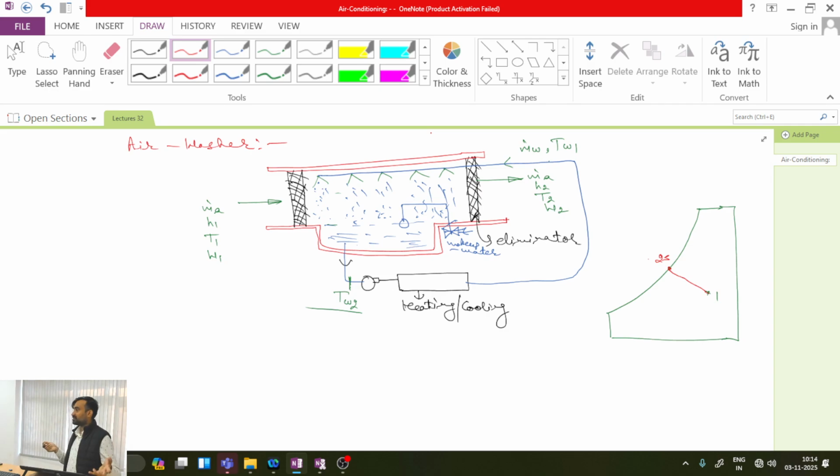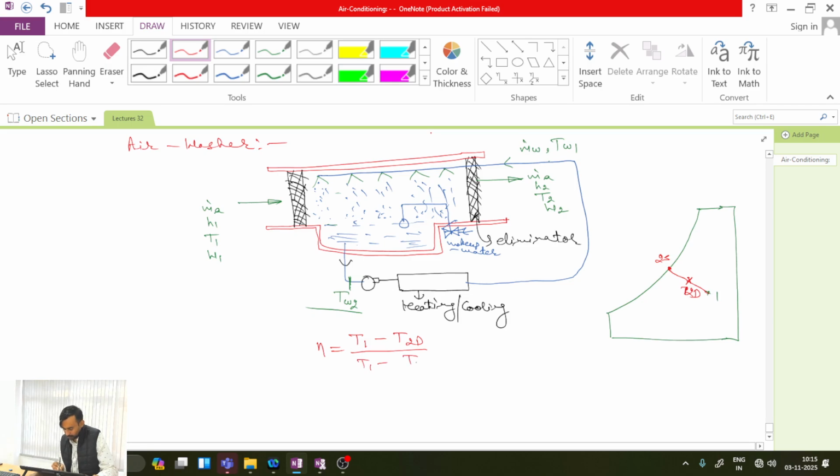But if the size is not infinite, then I will stop somewhere over here, say at some state 2D. Now, the efficiency of the process can simply be defined as T1 minus T2D, the actual change in temperature, divided by the temperature change that would have occurred with infinite size, that is T1 minus T2s.